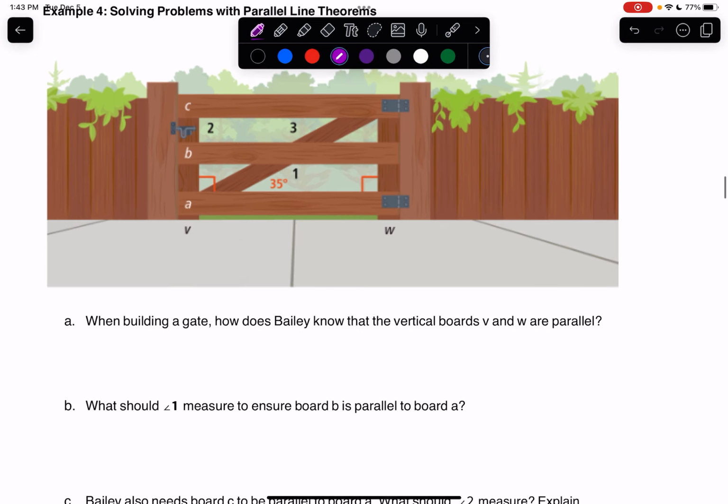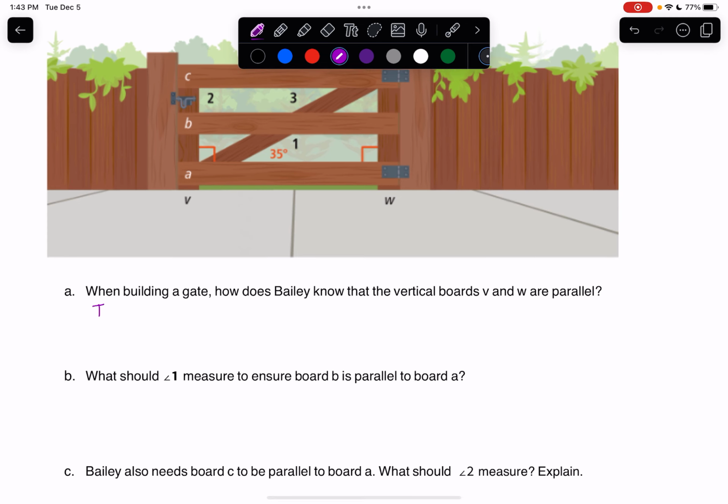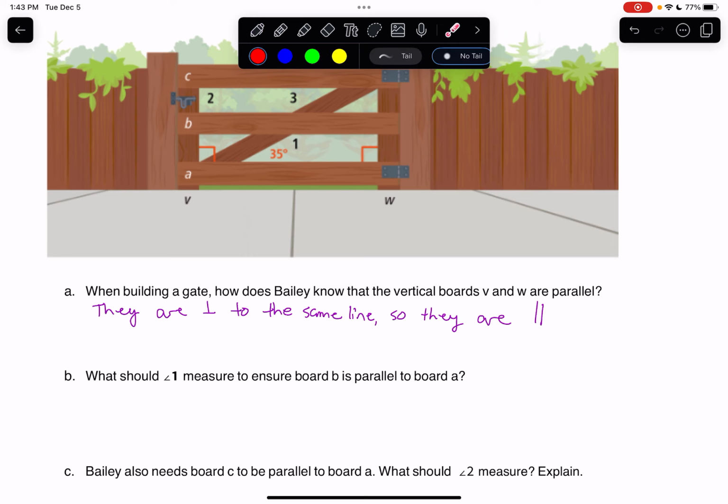We said if two lines are perpendicular to the same line, then those two lines must be parallel. So we can say they are perpendicular to the same line, so they are parallel. B says, what should the measure of angle 1 be to ensure board B is parallel to board A?